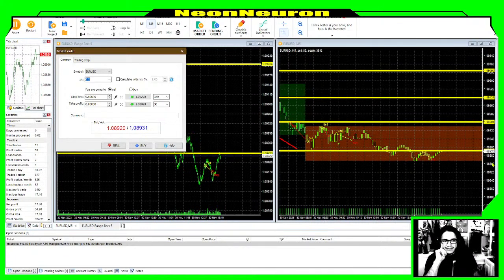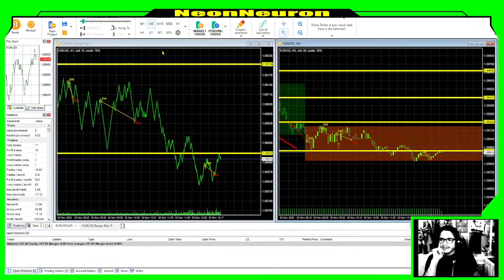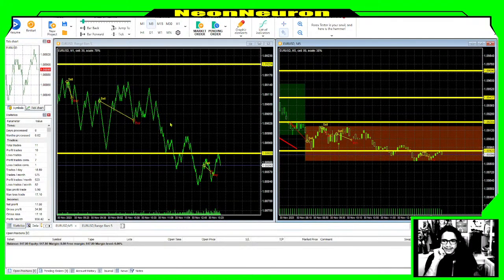See, price came down. Right there. Price hit almost the same level. And then it's retesting resistance again. So I'm going to wait and see what happens before I start buying or selling again.